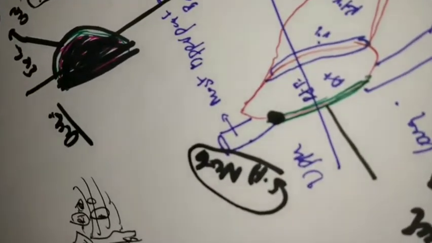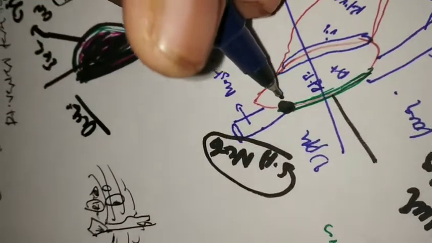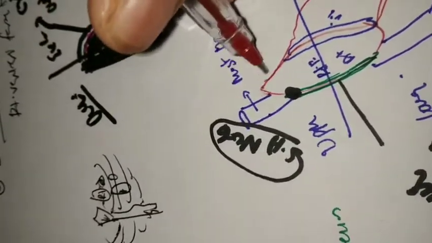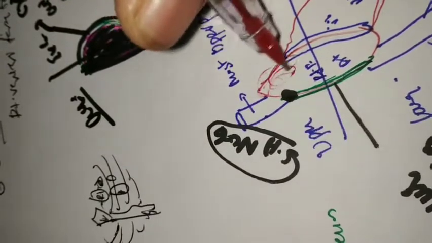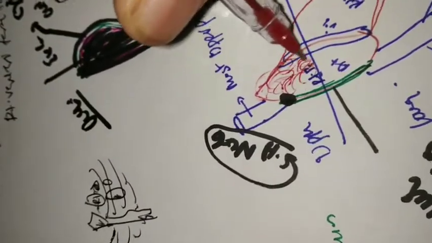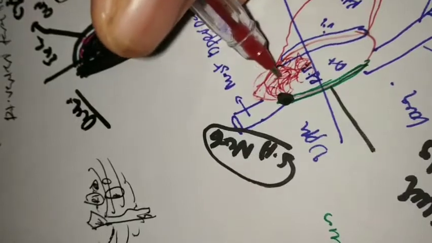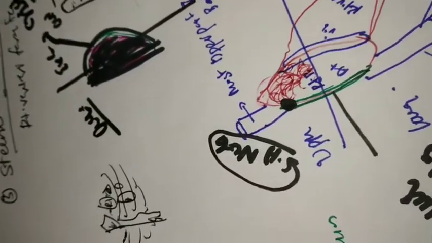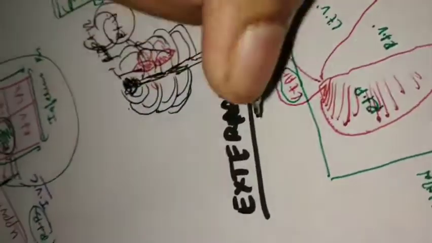Yeah, and the other thing is that this atrium is raised to cover the root of the ascending aorta and the pulmonary trunk. So I'll just show you in this diagram.